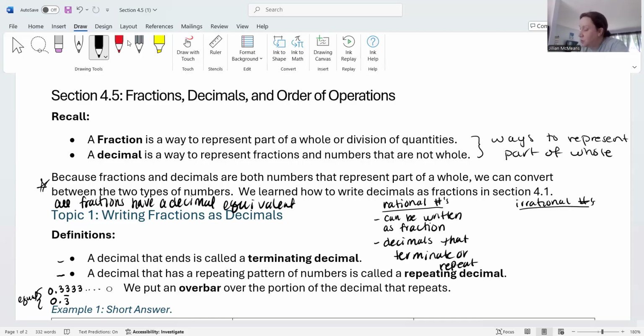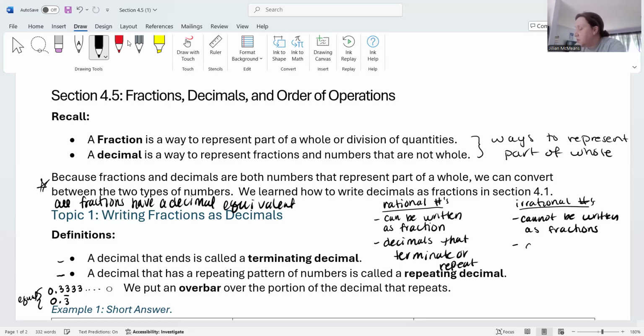Now, irrational numbers cannot be written as fractions. And we already know fractions have decimal equivalents, but what about these numbers that can't be written as fractions? Well, they're certainly decimals, but they don't have a fraction equivalent.